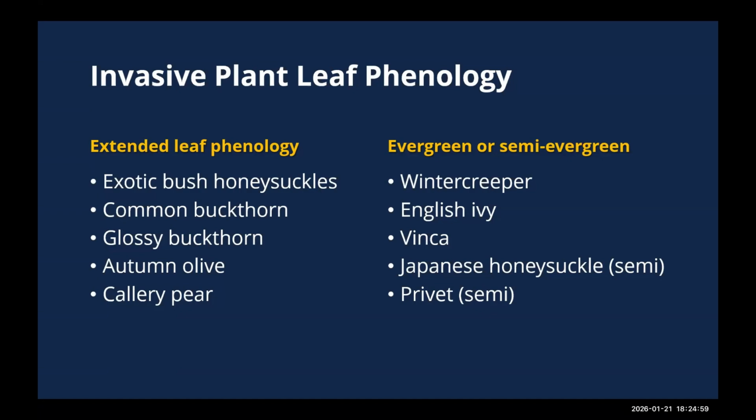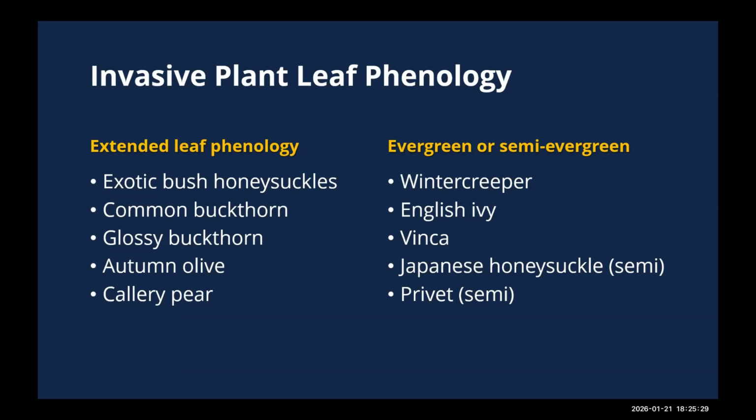And then we have a number of invasive plants that are true evergreens or what we consider semi-evergreens. And the difference is a true evergreen will consistently keep its green leaves on it all year long. And a semi-evergreen loses most of its leaves, may lose all of its leaves, but in general, oftentimes it'll hold at least some green leaves well into winter, if not completely through winter.